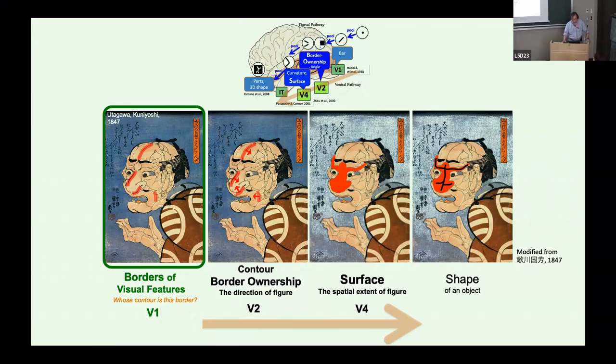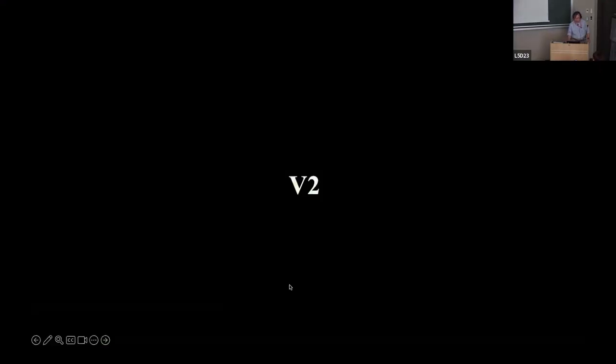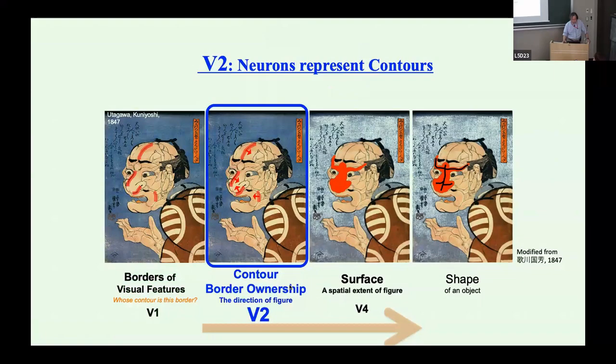Here, borders are shown in black lines, and some of them are marked in red. And in the next area, V2, neurons represent contours. Sorry, it's very difficult to... oops, sorry, there's my pointer.